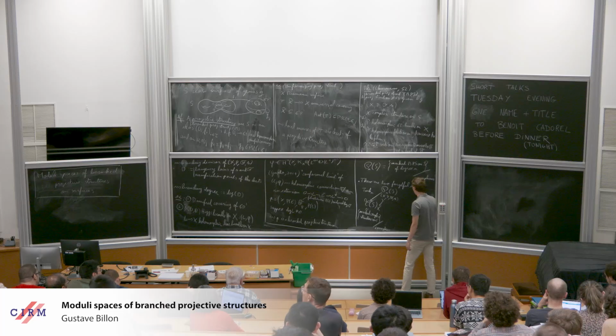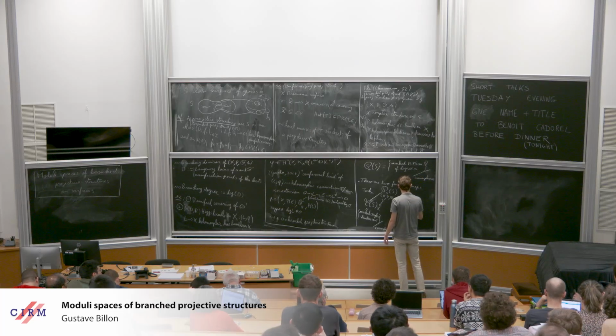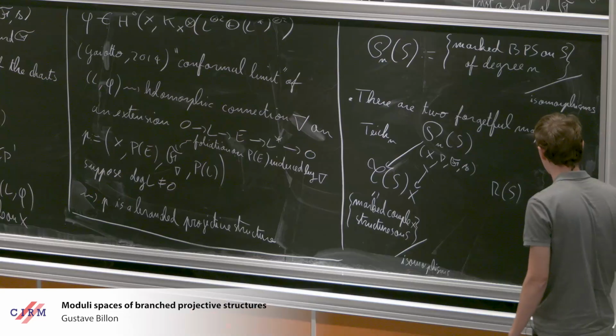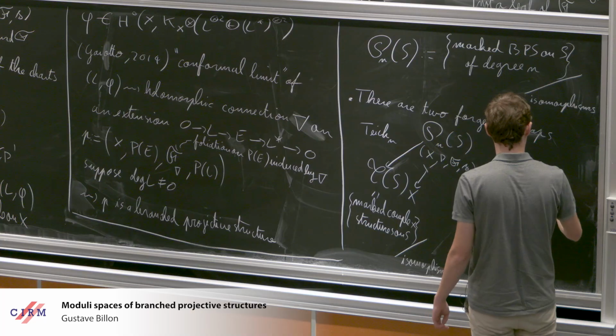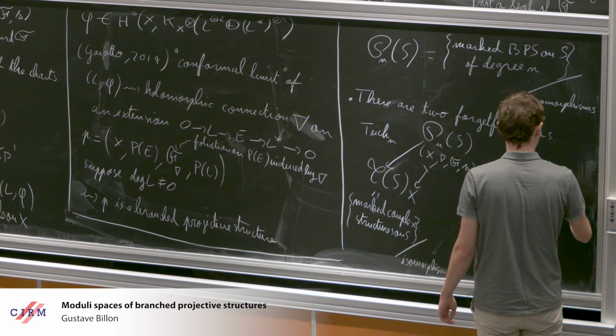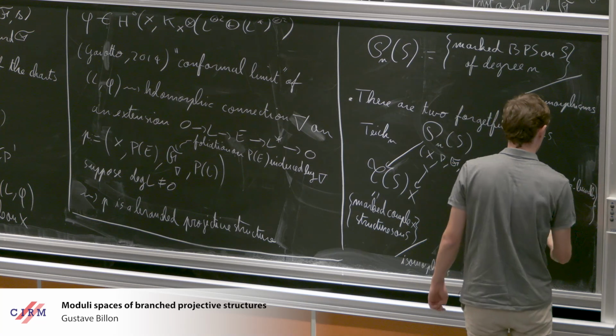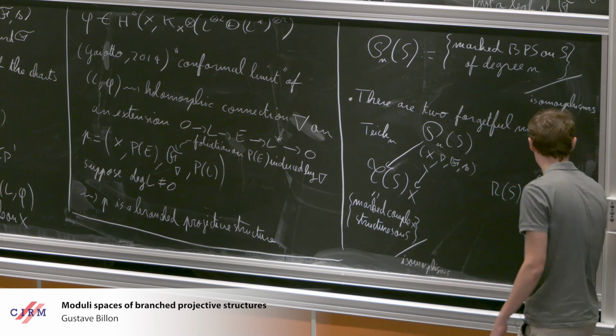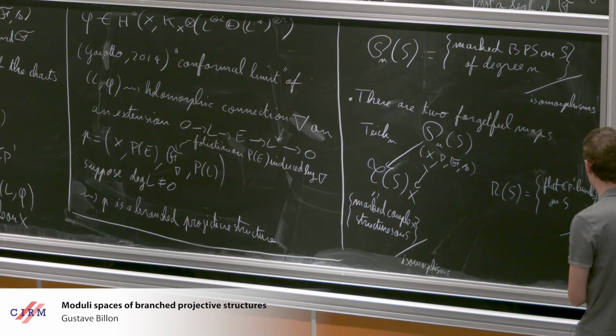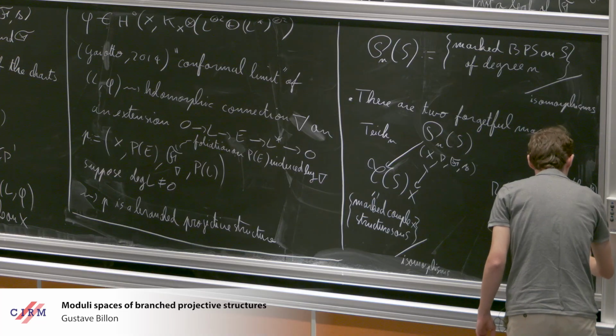And then there is another one to the space of flat bundles that I call R(S), so flat CP1 bundles on S. So this is a purely topological object up to isomorphisms.